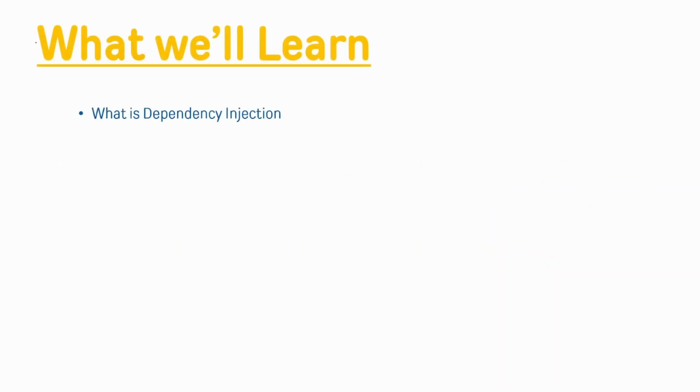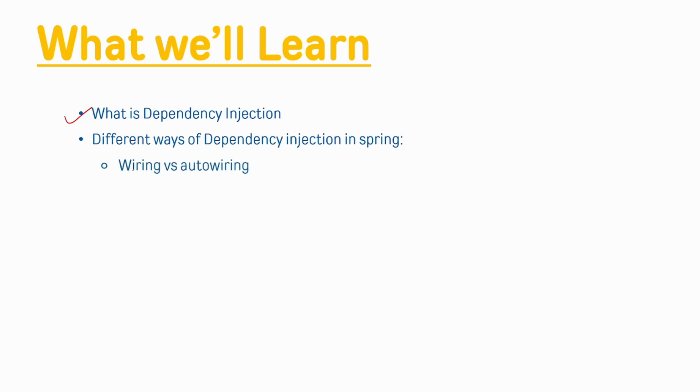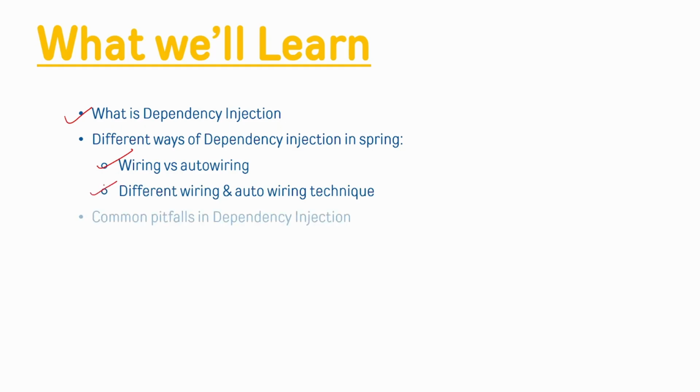First, we will learn what is a dependency, and then what is dependency injection. Next, we will learn about different ways of dependency injection in Spring, like wiring versus autowiring, and different wiring and autowiring techniques.